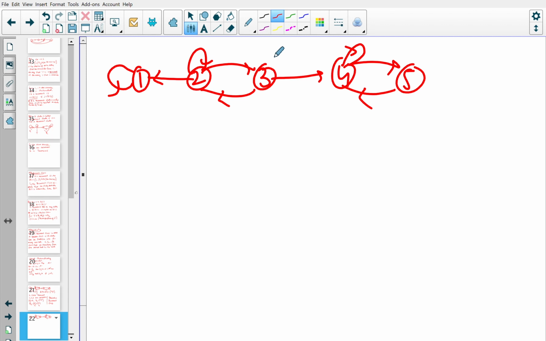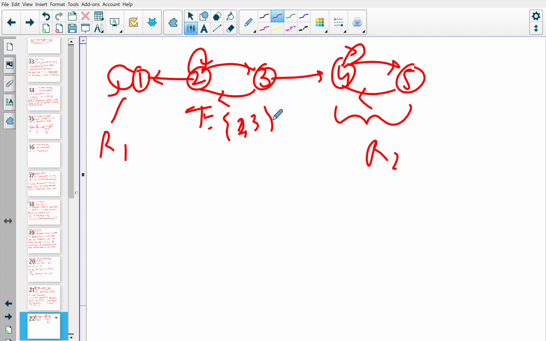Then again R2 is a recurrent class, this is R1, and T1 is the union of 2 and 3. But here you cannot write R2 as a union of 4 and 5 with the above property.